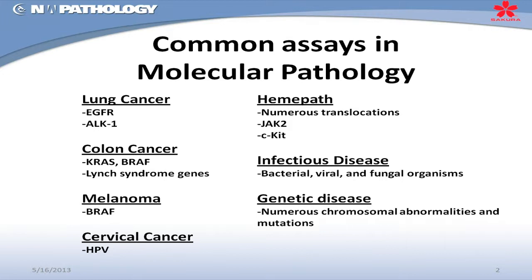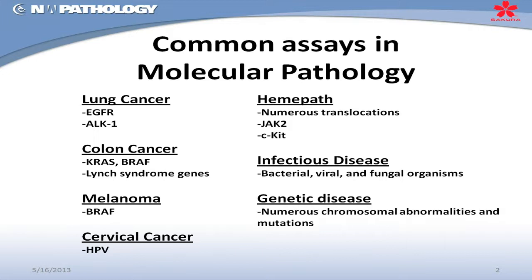In colon cancer, KRAS and BRAF mutation analysis are becoming common for predicting the ability to use EGFR-directed therapy, and also for syndromic associations, so Lynch syndrome genes are now being tested in many colon cancers.